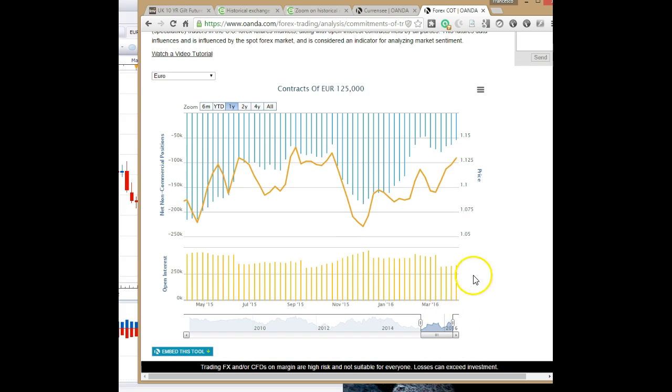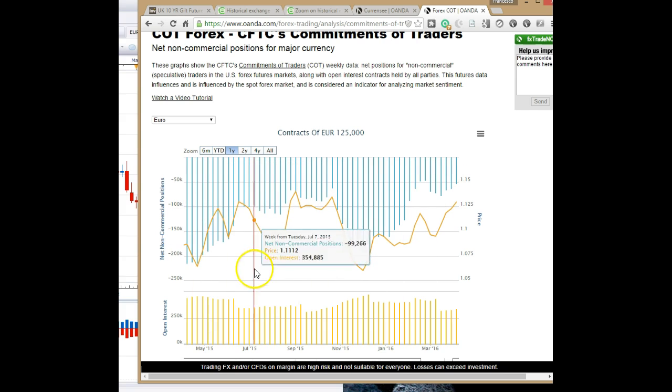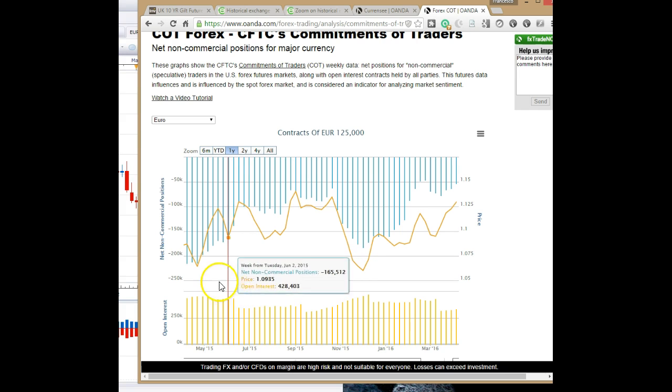Okay, so the open interest is at the bottom, and here in orange is the line for EURUSD, and the top bars are showing you the positioning. And as you can see, for the last X number of months, going back basically a year, currency futures contracts have been short.